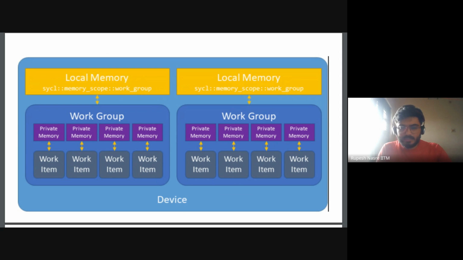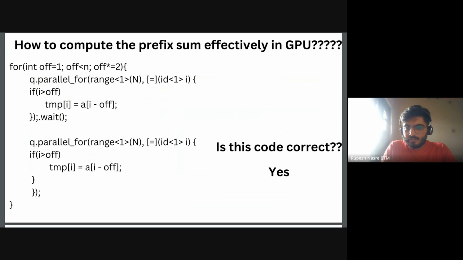Okay, so let's move ahead. Now what is a global ID and a local ID? Let's clarify it. What we are doing is using this n, and I'm just directly taking this I. This is the ID in the range one, and we are using this I every time.